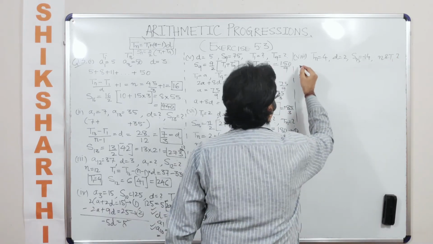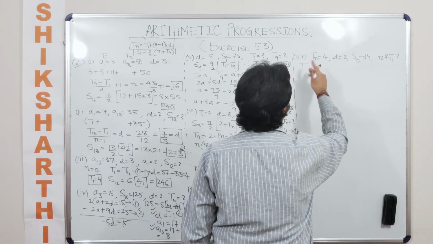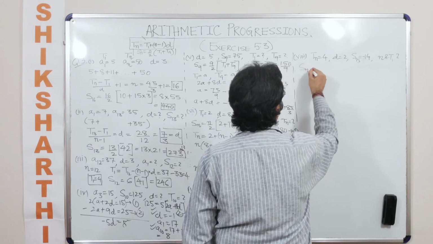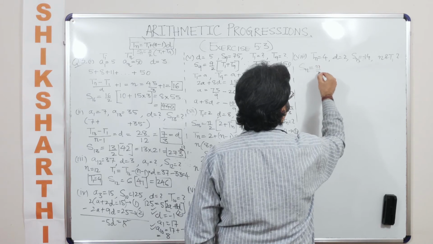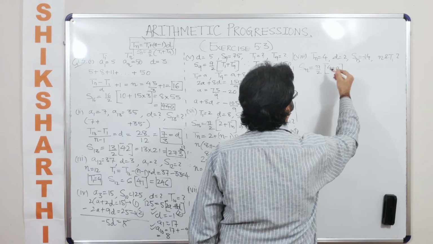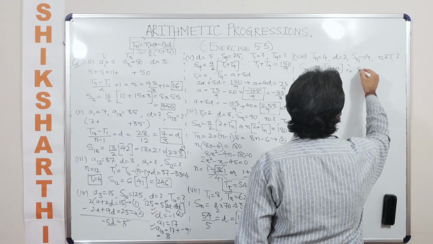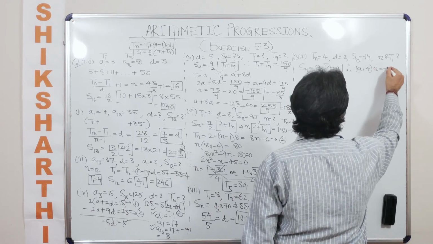Okay. Now we know that the first term, can we just use the formula? So one formula that I can use here is the sum for first n terms is equal to n by 2, let's say. So n by 2 times of 4 plus a, and from here I can say that therefore a plus 4 into n gives me the value as minus 28.